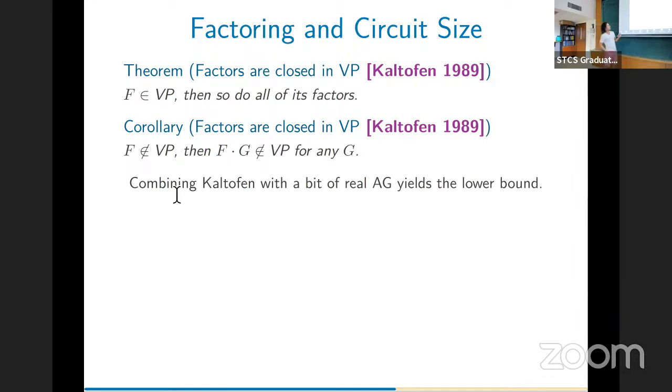If you just combine Kaltofen with a little bit of real algebraic geometry, it yields the lower bound. You use the real algebraic geometry to get this equivalent formulation, and then you need a little more algebraic geometry to show that the matching polynomial is the minimum polynomial describing its hyperbolicity cone.